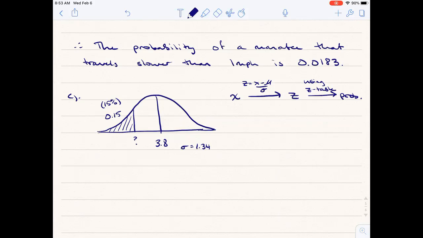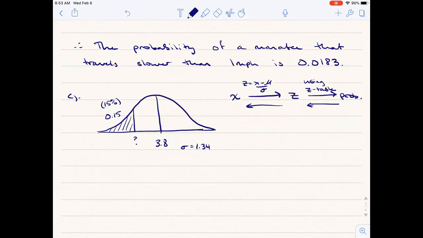Now, all we're going to do is reverse this. Now we've got a probability. We find the z, and then we can solve for x, right? Because now if we have z, and we have mu, and we have sigma, then we can solve for x.